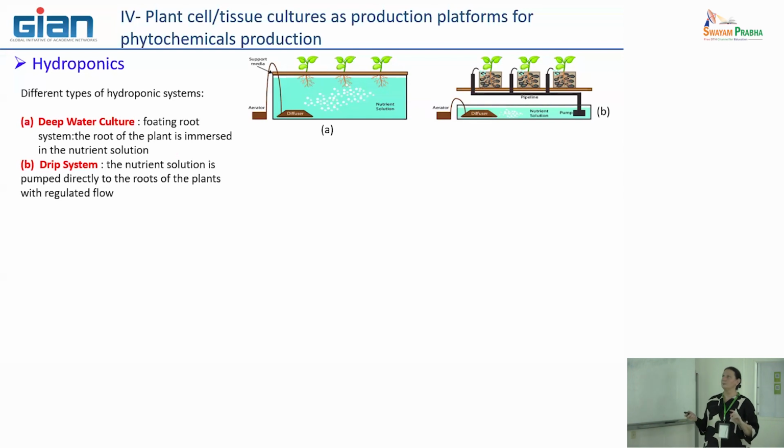This is a simple system, but afterwards they increased the performance of this system by proposing different other experimental systems, such as the drip system. In this case, you can see that the roots are not immersed directly in the nutritive solution, but the plants are put in some artificial soils. It can be gravel, it can be different types, depending on what you want.